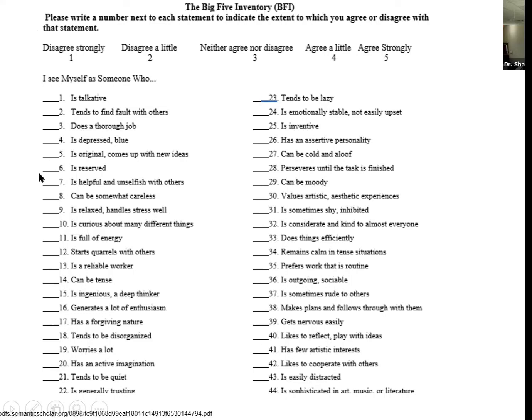So for instance, there are some that already seem as socially desirable. But then remember that when we're answering things of this nature, we generally want to present ourselves as the idea of ourselves, what we would actually like to look like, but not necessarily how we truly are.